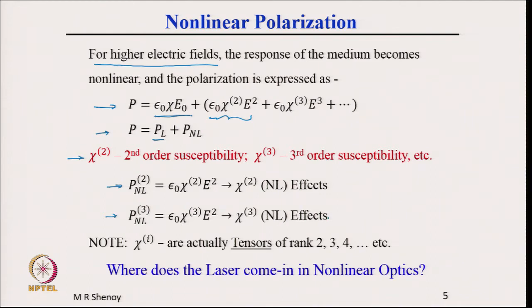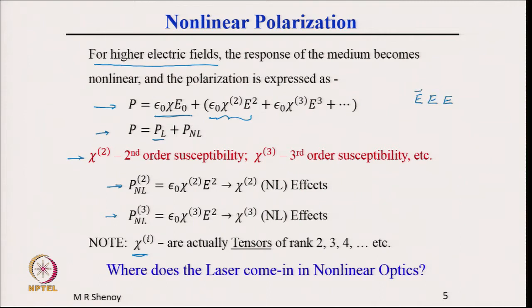We will see what these chi 2 effects and chi 3 effects are, but actually in practice note that the chi are tensors of rank 2, 3 and 4, because remember that E is an electric field here, actually a vector quantity. So, E square is actually E into E and E cube is E into E into E.